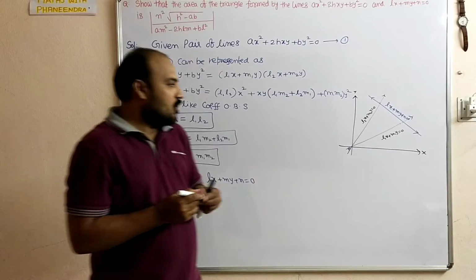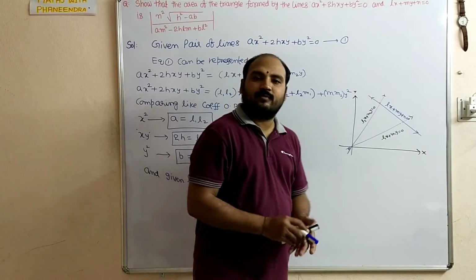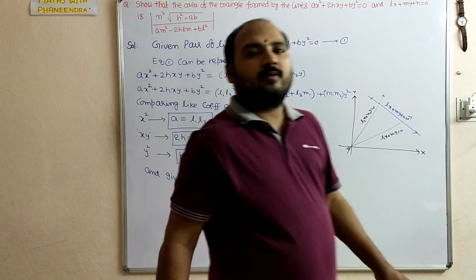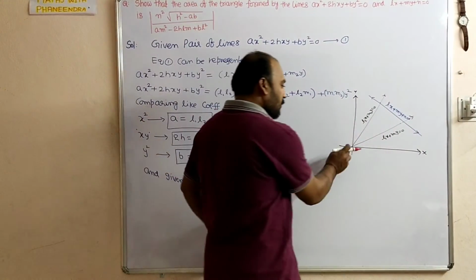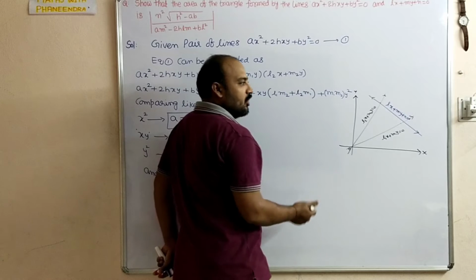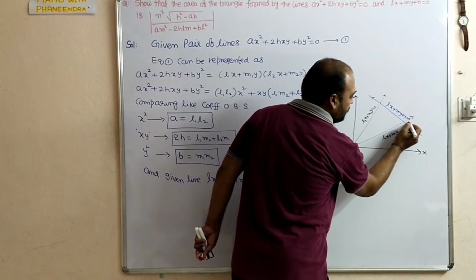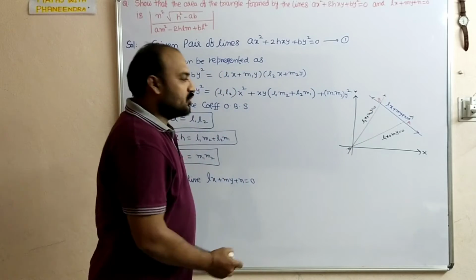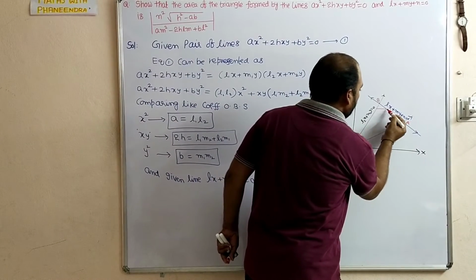Now we got one triangle here. The point of intersection of these two lines is obviously the origin. Solving these two equations, you will get A point. Solving these two, you will get B point. So this area we are going to calculate.